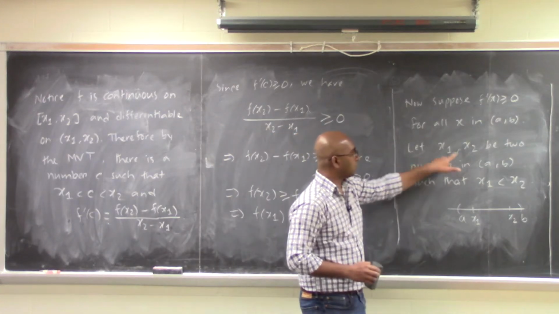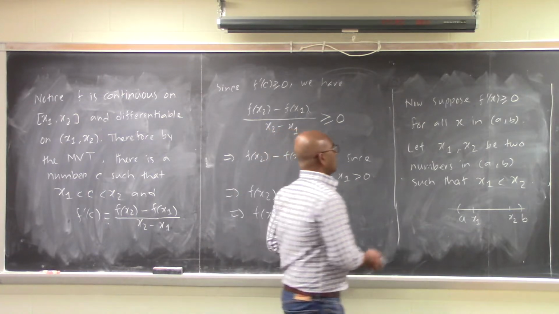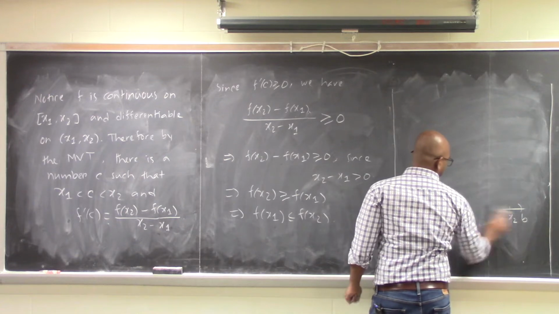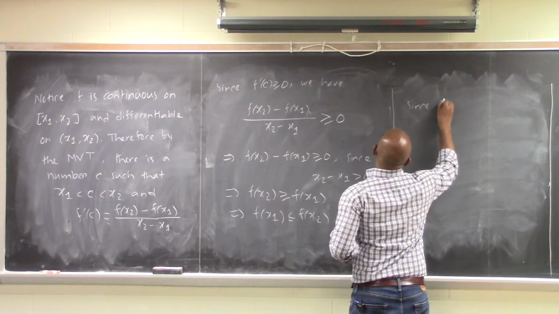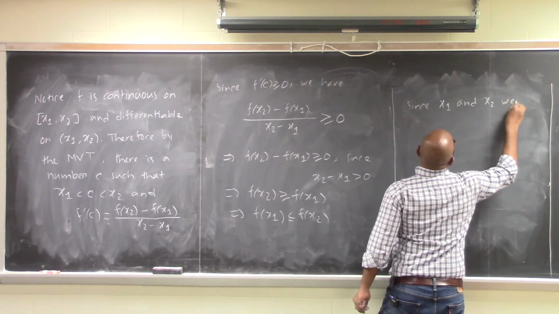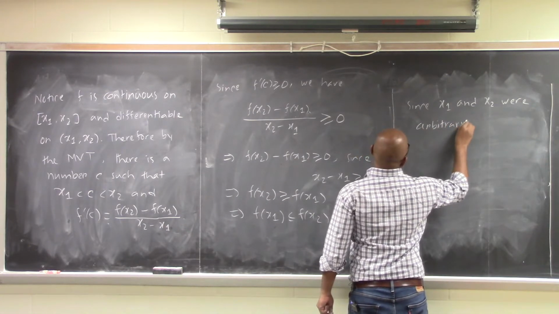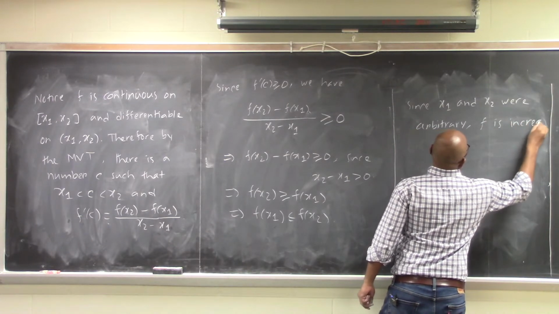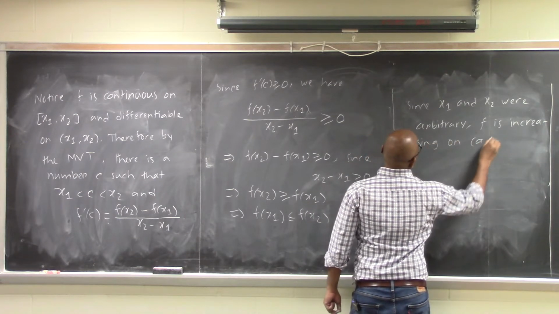Notice this x1 and x2, they can be any 2 points, right? They are not any 2 fixed points. So no matter which pair of points we pick, we are always going to have this conclusion. Since x1 and x2 were arbitrary, f is increasing on this interval a to b.